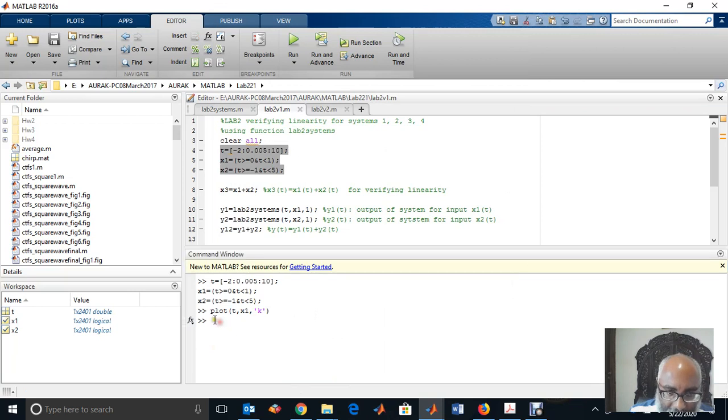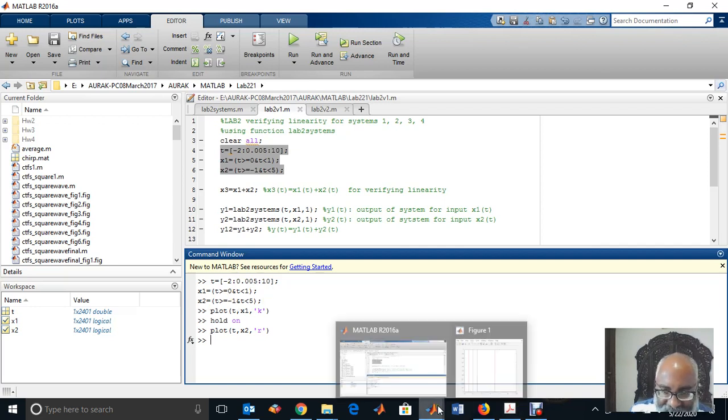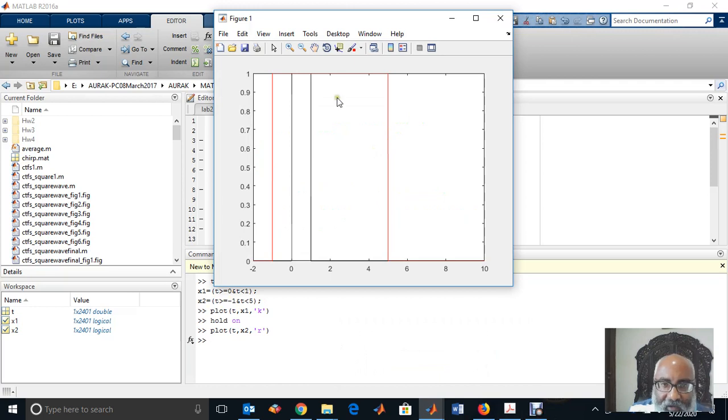Hold on. On top of it I will plot x2. Plot x2 with red color I select. Okay, remember, x1 will be 1 between 0 and 1, x2 will be 1 between -1 and 5. Okay, let's see the graph now. You see the graph, x1, which is black color, it is 1 between 0 and 1.